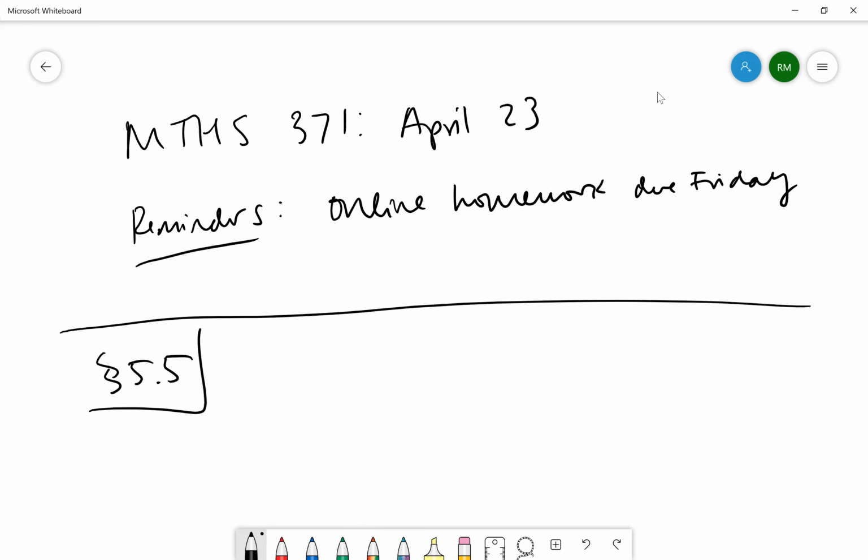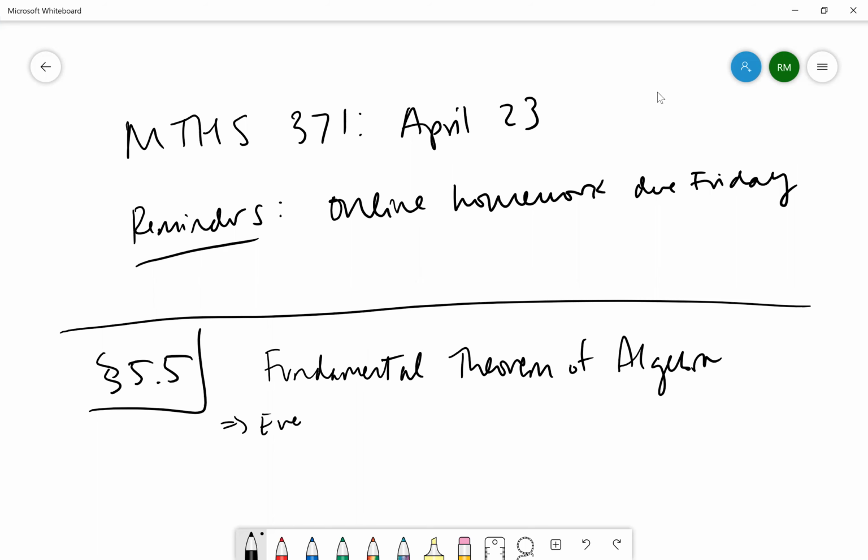Okay, so today we're going to examine eigenvalues again. What we talked about a couple weeks ago was that the fundamental theorem of algebra tells us that every polynomial factors into linear terms over the complex numbers.